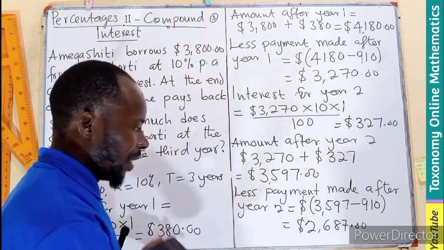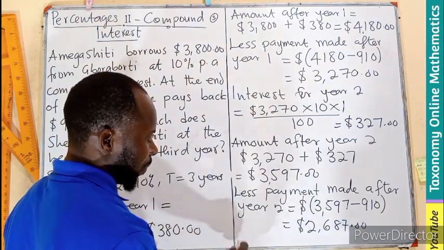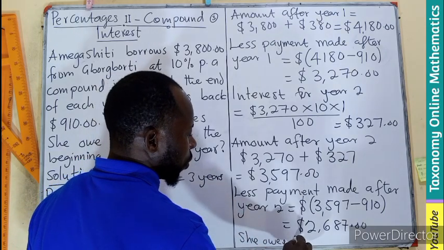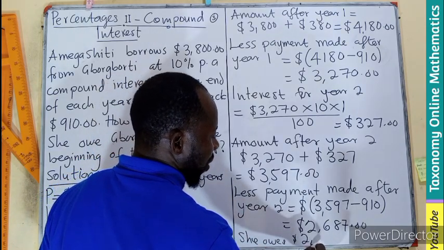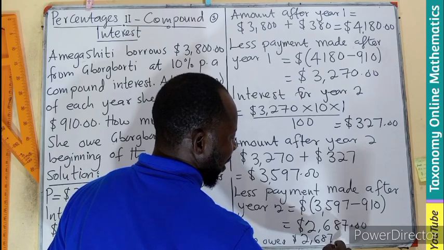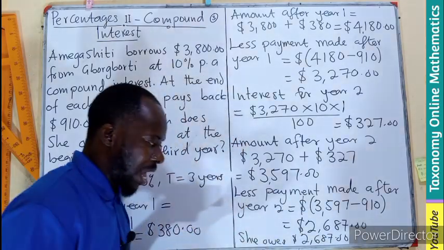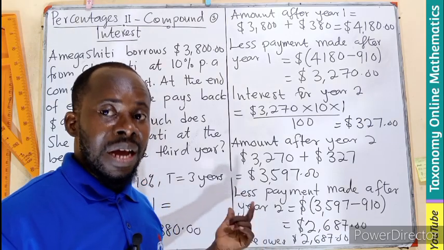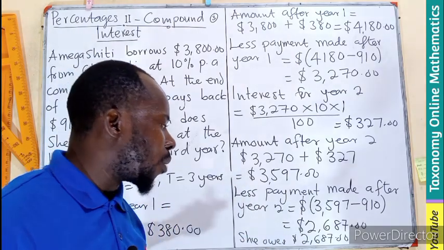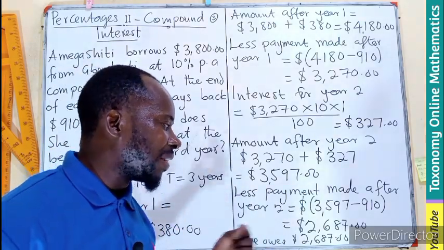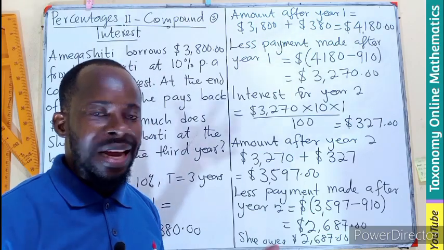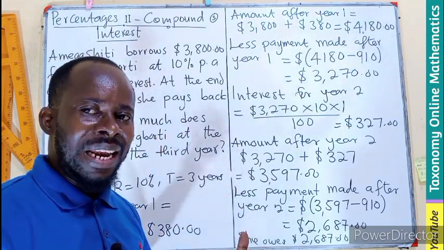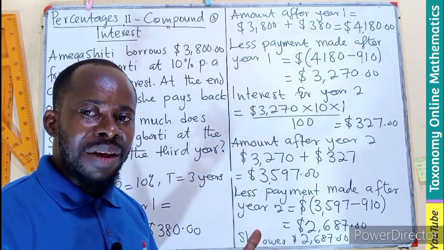For lack of space, we can just shorten the sentence to say Amegashiti owes Gborgborti $2,687.